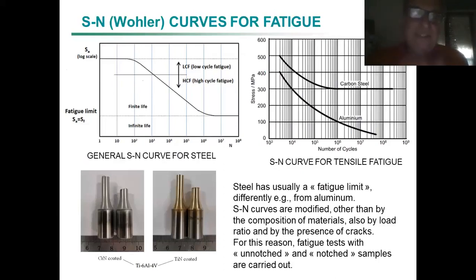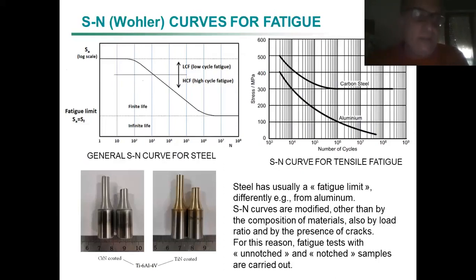Of course, this is theoretical, but on the other side, this is also promising for steel, because you may consider that there is some kind of loading below which you would not undergo fatigue failure.